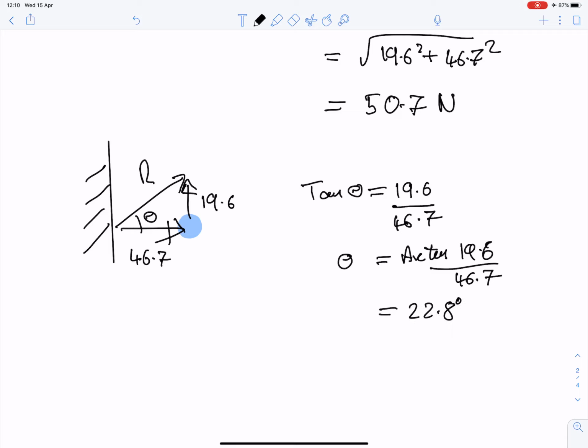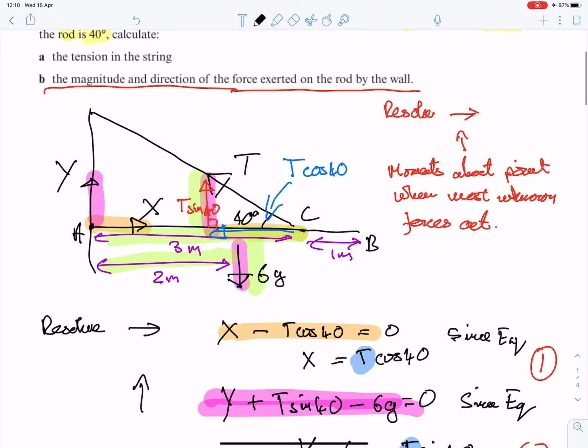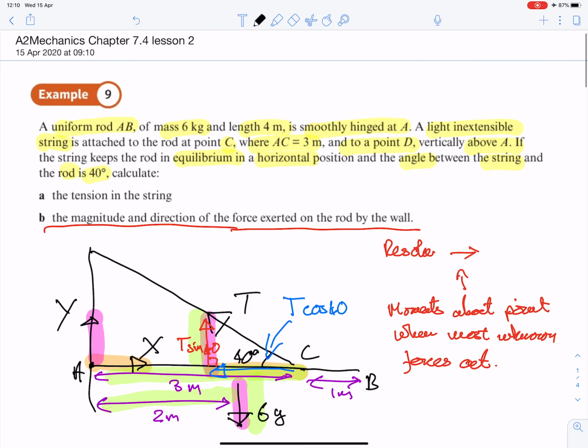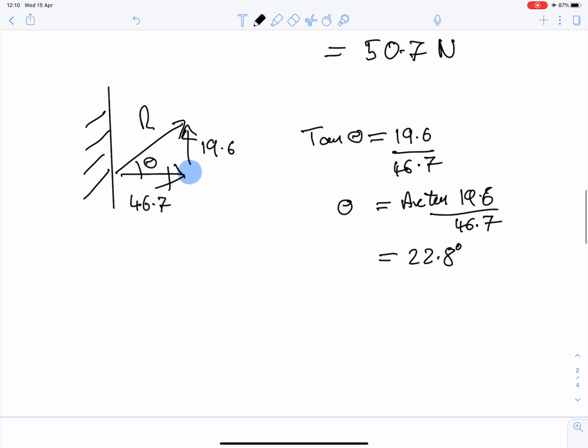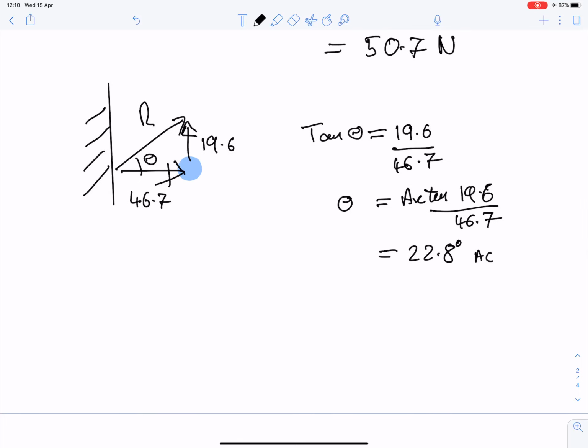And lastly, direction of the force exerted on the rod by the wall. So if we have our wall, we've got x, which was 46.7, and our y is 19.6.